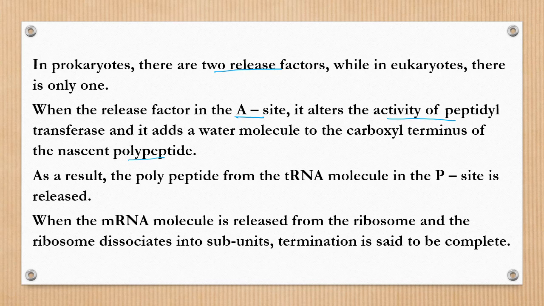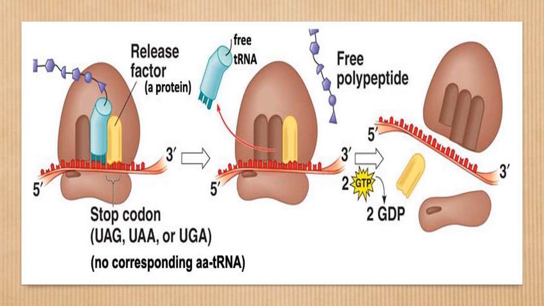When the mRNA molecule is released, the ribosome dissociates into subunits. Termination is said to be complete. Whenever a stop codon appears, that is UAG, UAA or UGA, there is no amino acid tRNA, because these codons do not code for any amino acid.